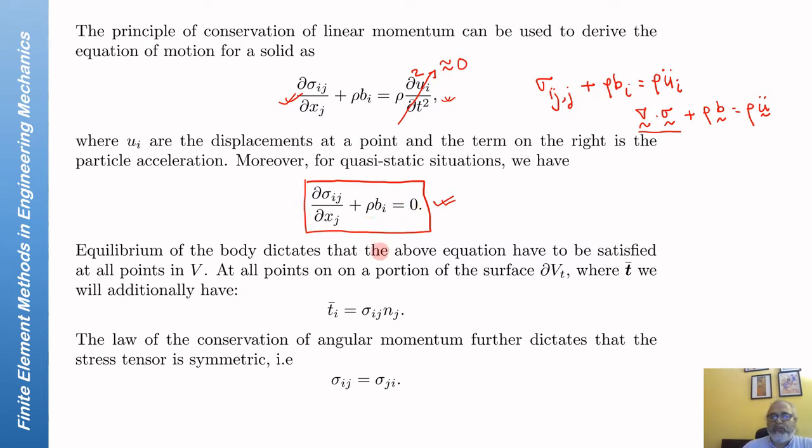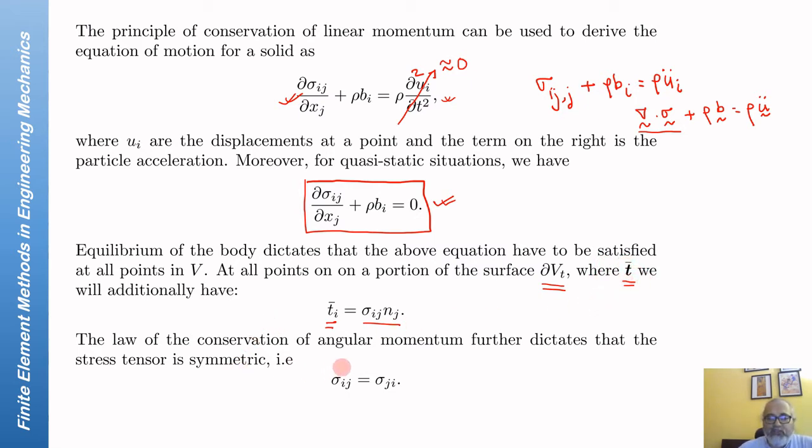Now, on the portion of the body where T bar, the specified tractions, are applied, that portion of the body is called delta Vt. So it's a part of delta V. And on that portion, following the Cauchy rule, we must have the applied traction equal to sigma ij nj, which is a boundary condition that the stresses have to satisfy on the parts where T bar is specified.